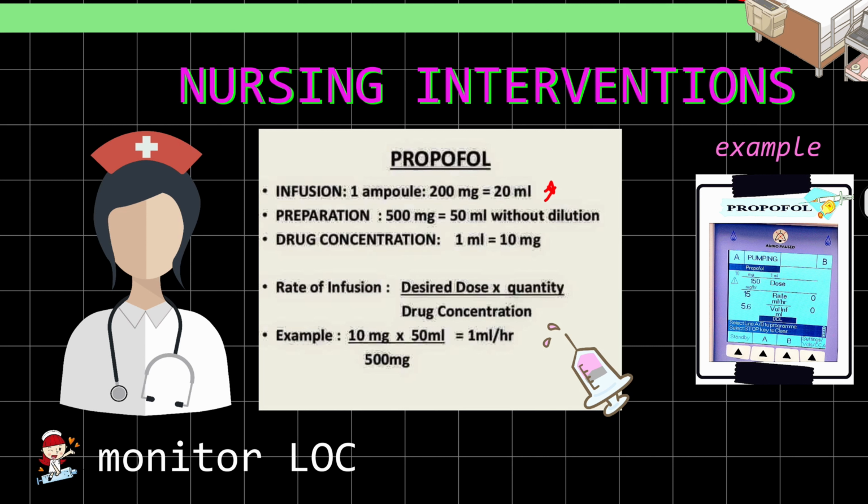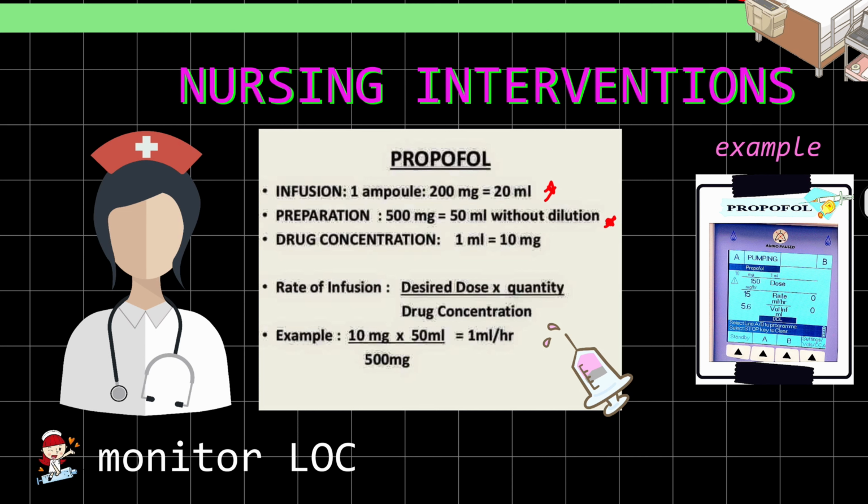In terms of preparation, normally in our facility, the doctor will order 2,000 milligram of propofol to be infused at this rate. Target RASS score, -3, -2, and so on and so forth. Now, in terms of preparation, ano ba nangyari sa PNF ko today? Preparation, 500 milligram is equal to 50 ml without dilution. Now, this is just an example. It really depends on your SOP.